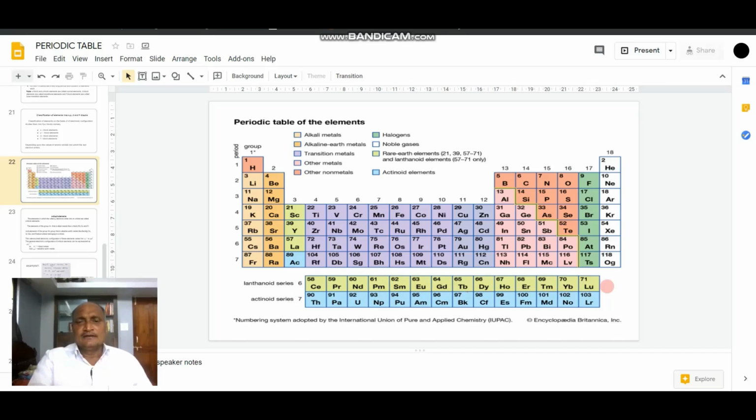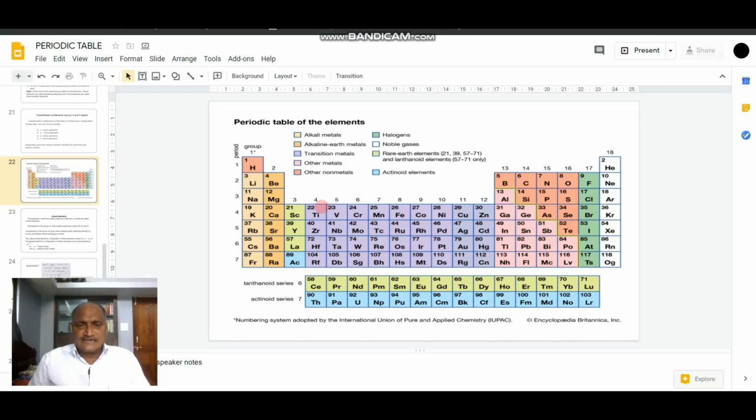So totally the modern periodic table has been divided into only four blocks, namely S block, P block, D block and F block.